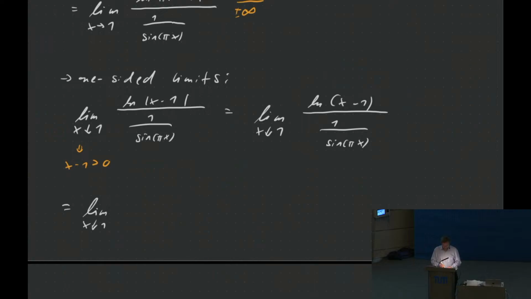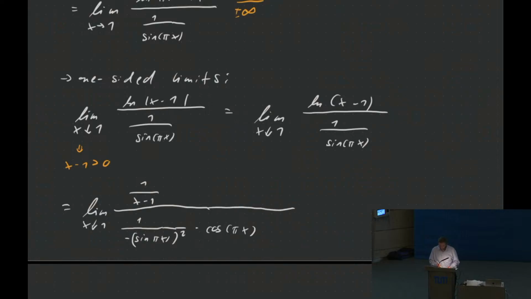Right, so what we get here is 1 over x minus 1 for the ln. And for the sine, that is a little more complicated. There we have, let's see, 1 over minus sine of pi x squared times cosine of pi x times pi. Right, so repeated application of the chain rule.